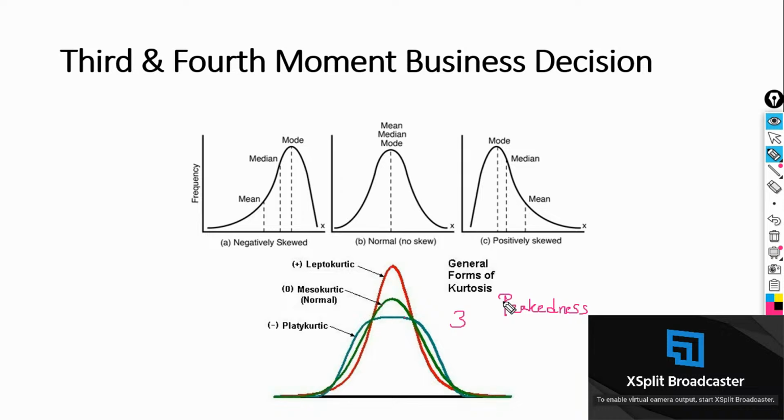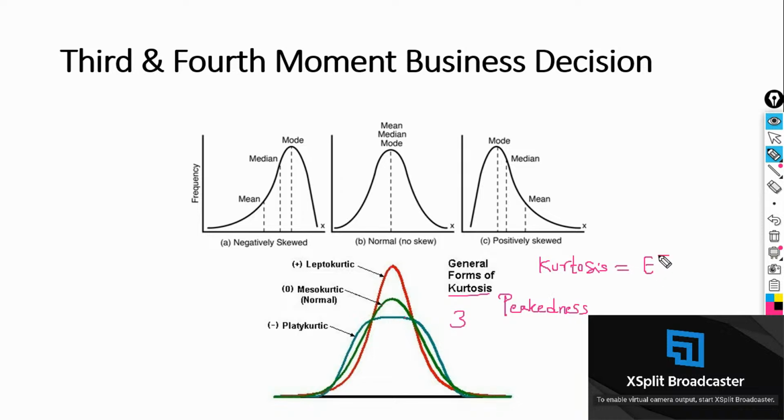Okay, let us understand. As part of fourth moment, we calculate a measure called kurtosis. It is kurtosis, friends. Kurtosis has a formula, and let me keep it over here.